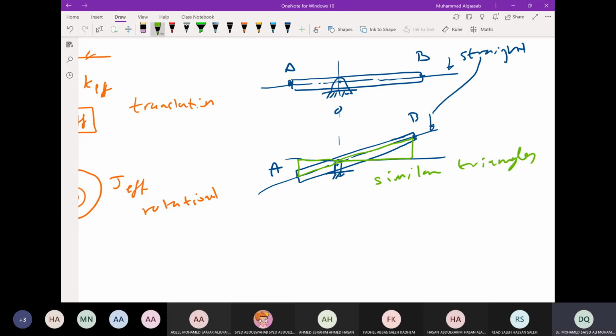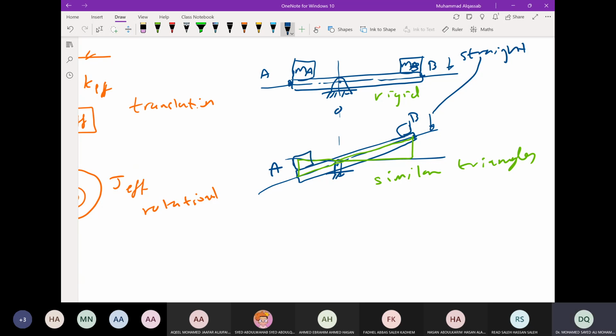So the motion of point B is related to point A. This is rigid. If you put a mass on this point, let's say M2 or MA, and this is point B and you put a mass MB here, those masses are related.